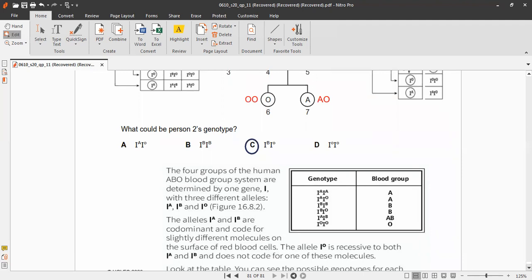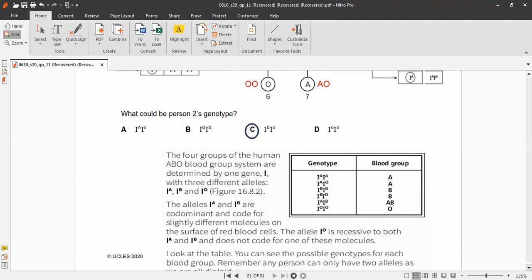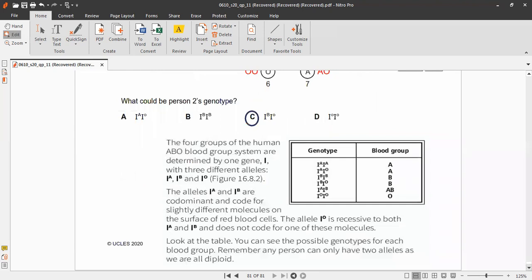The allele O is recessive to both A and B and doesn't code for one of these molecules. Look at the table, you can see the possible genotypes for each blood group: AA and AO for A, BB and BO for B, AB, and OO for O.